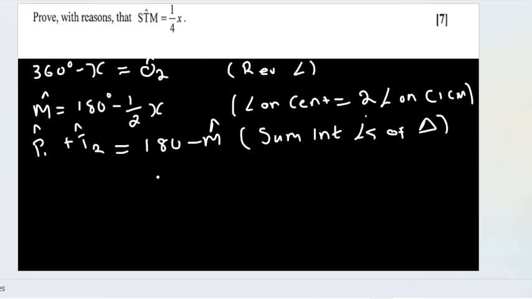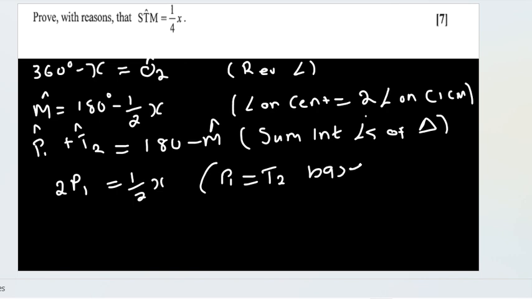Come back and tell your marker that however, I know that 2P1 is equal to 1 over 2 X. Why? Say that P1 is equal to T2, base angles of an isosceles triangle.